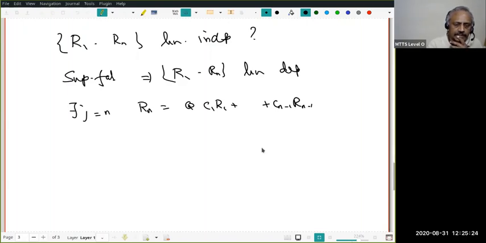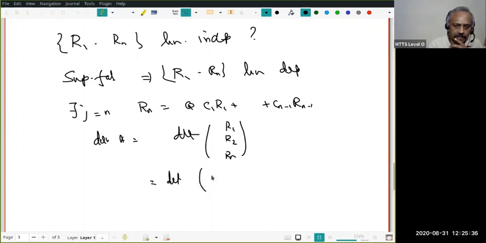But then look at the determinant of A. The determinant of A will be the determinant of R1, R2, up to Rn, but that's equal to the determinant of R1, up to Rn minus 1, and then C1 R1 plus up to Cn minus 1 Rn minus 1.